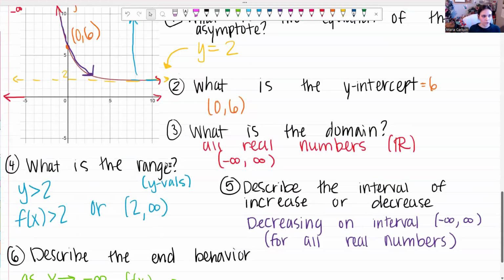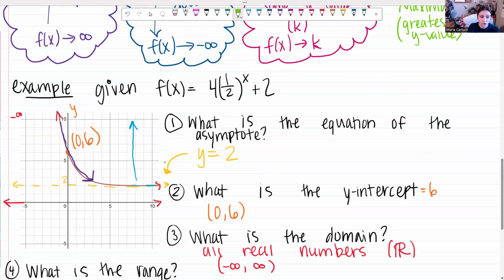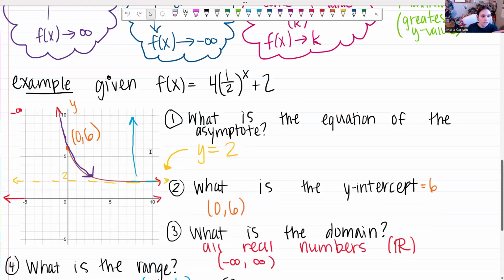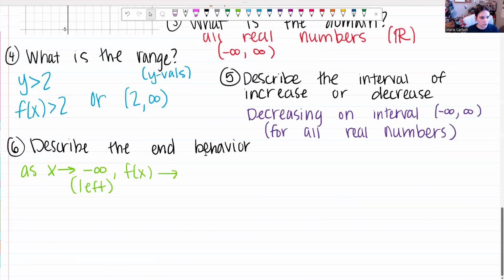So let's follow our function to the left, which means we actually need to start on the right and look to the left, and I notice I would be going up. So as x goes to negative infinity, our function goes up or goes to positive infinity.